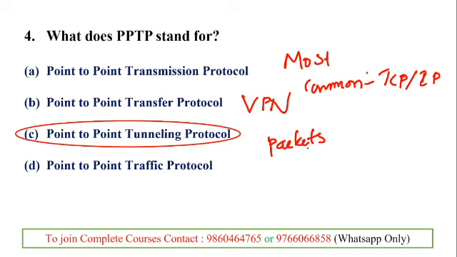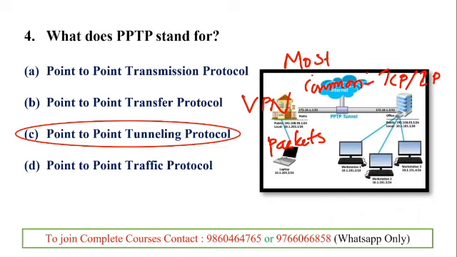The most common internet protocol is TCP/IP. Clear? Then PPTP uses the TCP/IP protocol for transferring data, and it is a network protocol that performs the secure transfer of data.